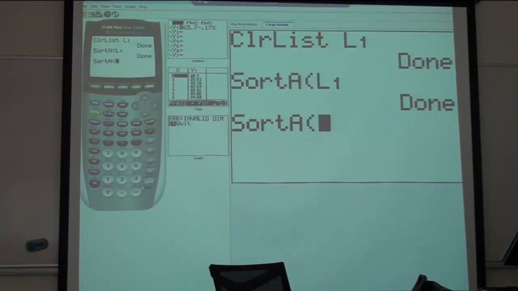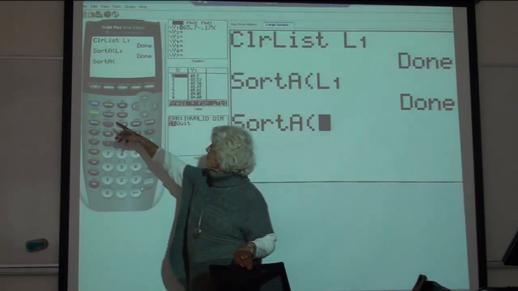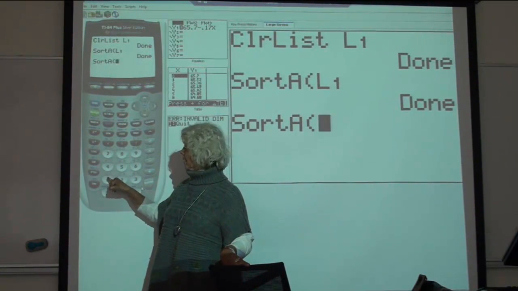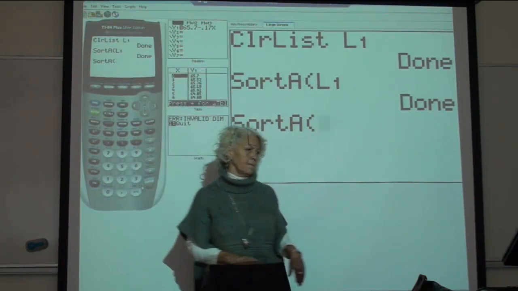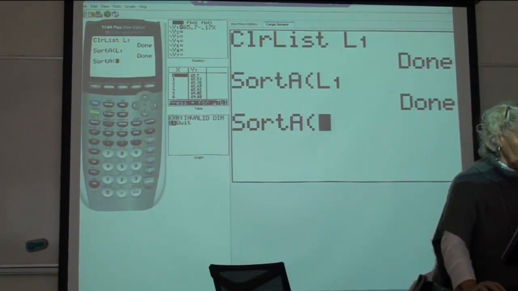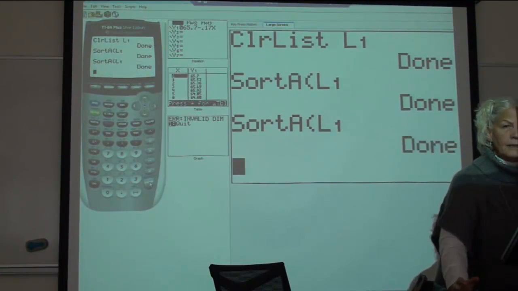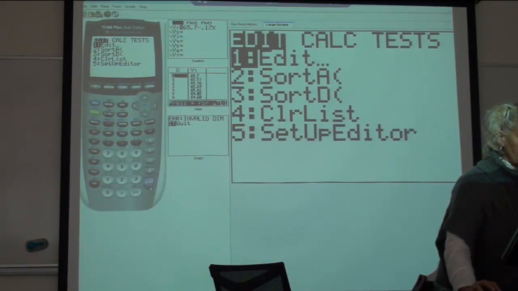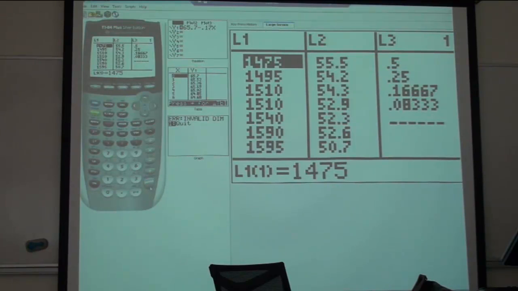So you put your stuff in list 1? Yes. Okay. So I'm going to push the blue button and 1. Because if you look at that button, you'll see L1. Yeah, okay. So list 1, enter. It says it's done. So let's go back and look. So it's stats, edit, and the smallest value is 1475. Yes?